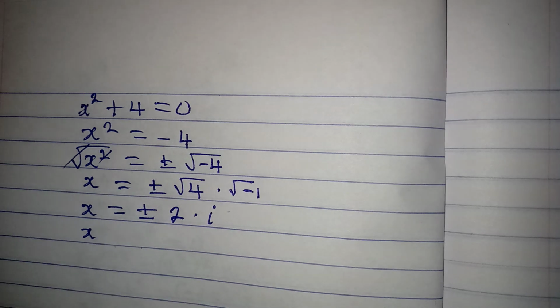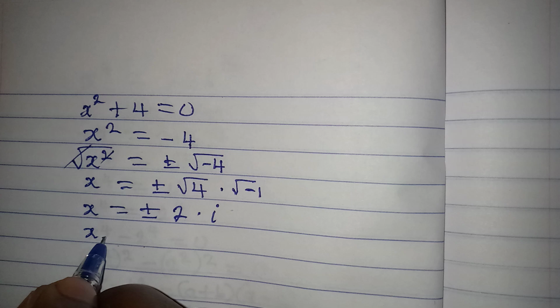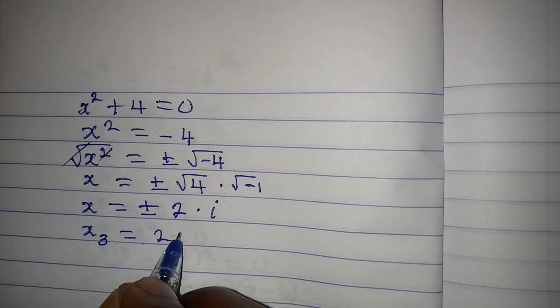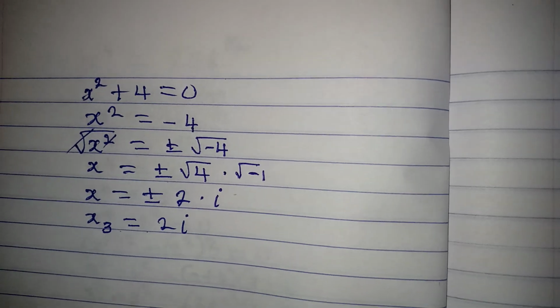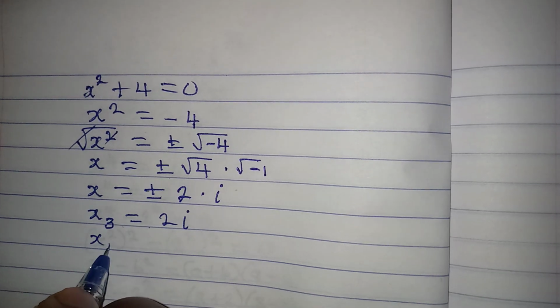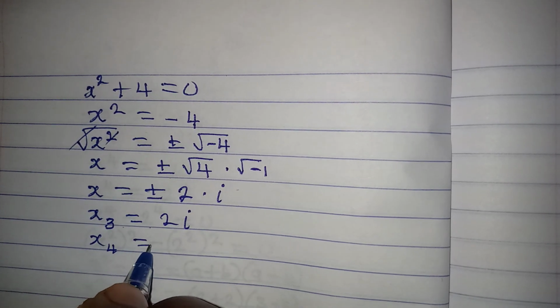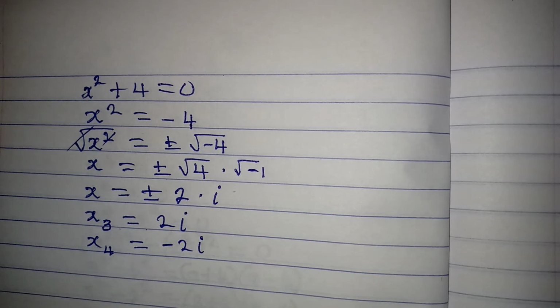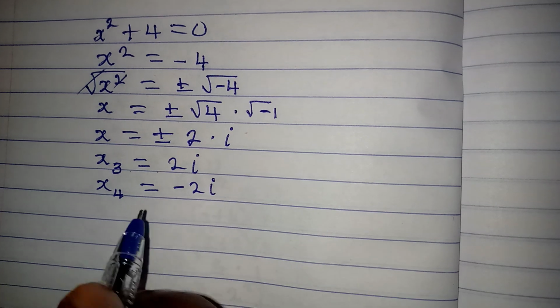We've already got x1 and x2. So let's get x3 from here, which will be positive 2i. And then our x4 is equal to negative 2i. Now I want to bring the 4 solutions together.